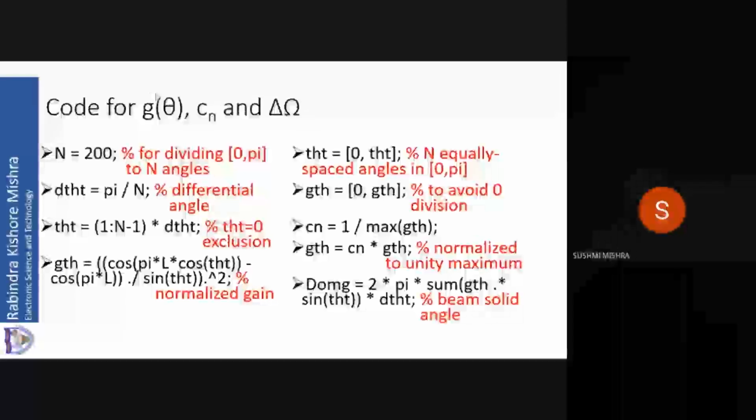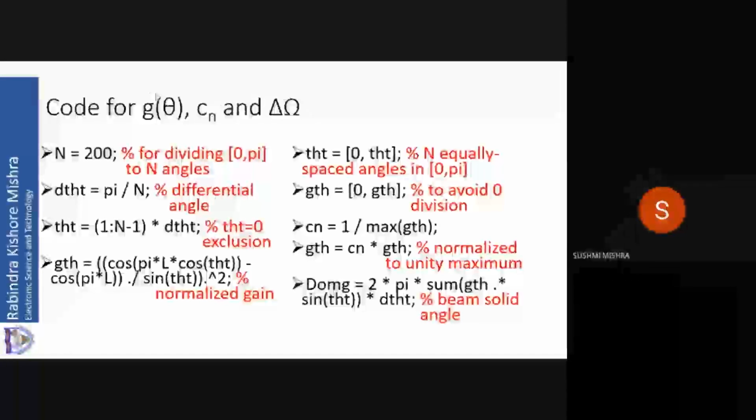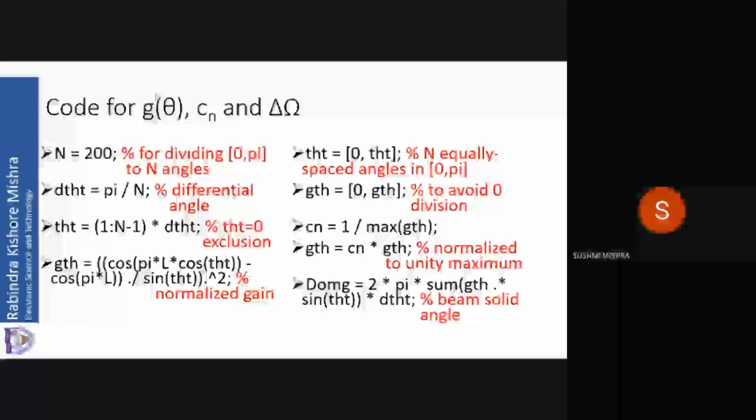Now remember here we are doing a element by element multiplication. So we have GTST dot star. Dot star indicates element by element multiplication. So sum of GTST dot star sin TST whole into star DTST. So that gives me the sum.